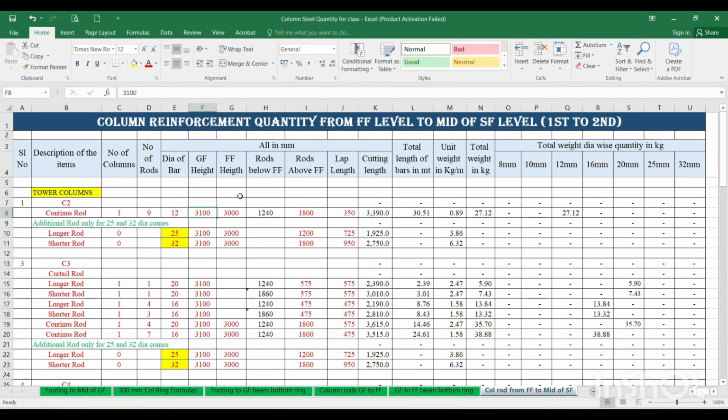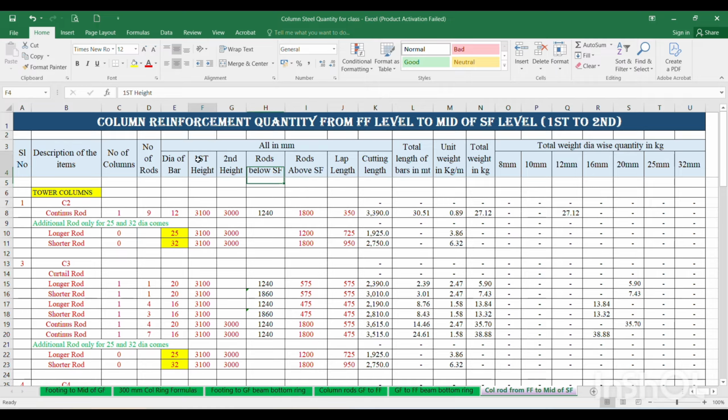And one more thing we have not changed over here, and here also you have to change. Instead of ground floor, it is first floor height, and this is second floor height, and this is rods below second floor, and this is rods above second floor.